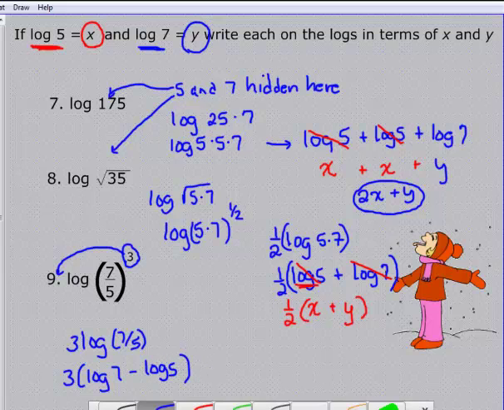Awesome. Every time I see the log of 7, I may replace it with a y, and every time I see the log of 5, I may replace it with an x. There. I rewrote it in terms of x and y. Done.